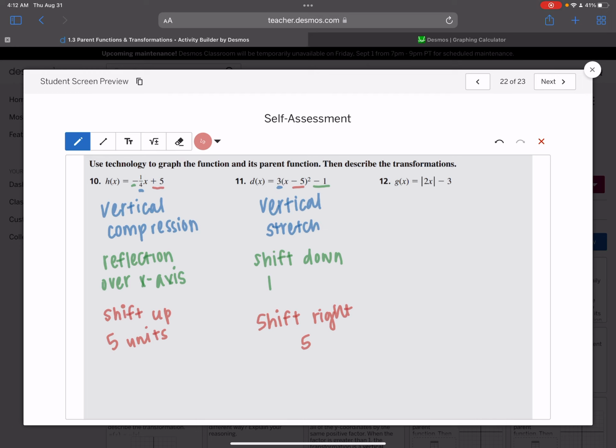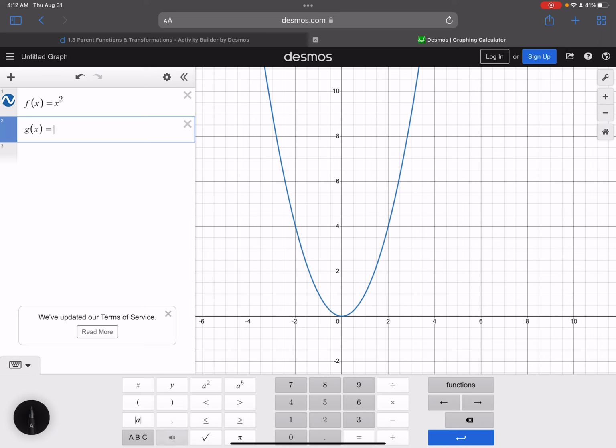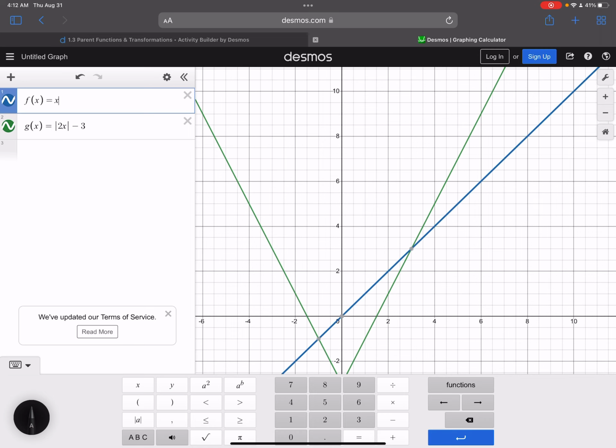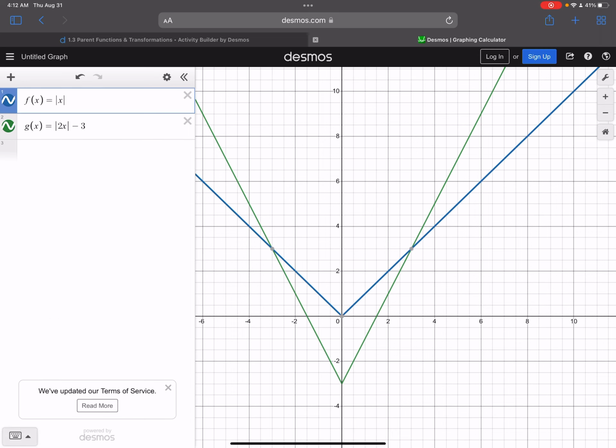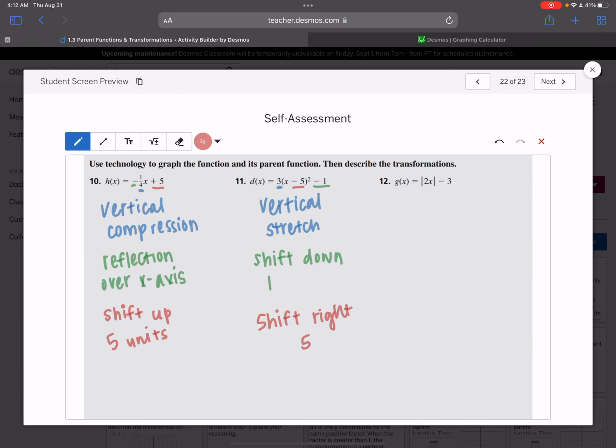All right, and then finally, absolute value 2x minus 3. So we're working with an absolute value function. All right, looking from blue to green, I can tell that I pulled it up. That's a vertical stretch.